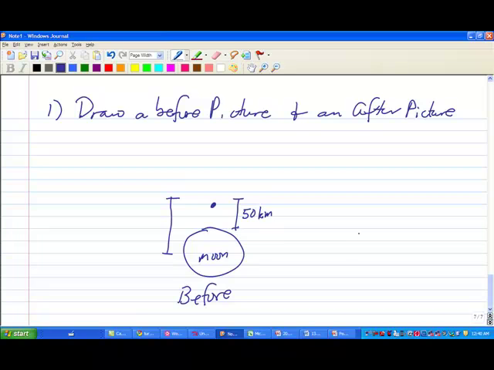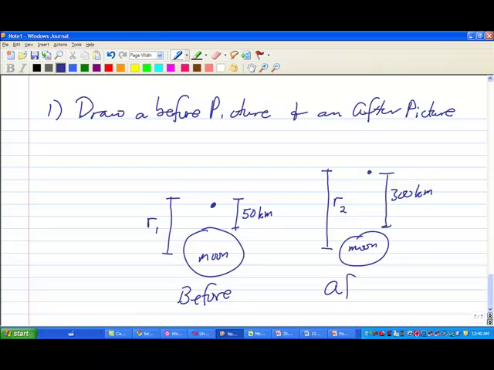In our after picture, the satellite is now 300 kilometers above the moon. But we know whenever we're dealing with gravity, we're really interested in its distance from the center of mass. Let's call this distance right here R1, and let's call this distance over here R2.